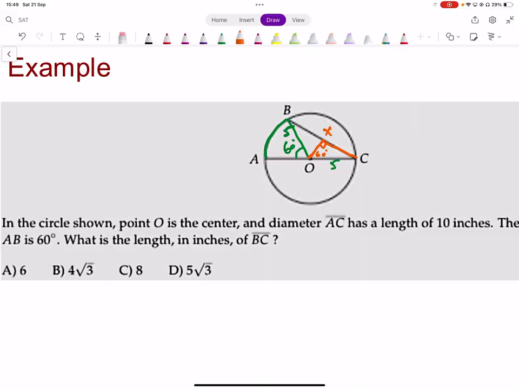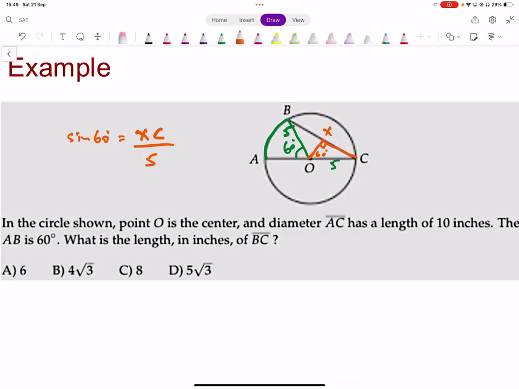Can you find the length of XC now? Which ratio do we use? 5 is hypotenuse. XC is opposite. Opposite over hypotenuse is sine. Sine 60 equals XC over 5. Or this is a special triangle.